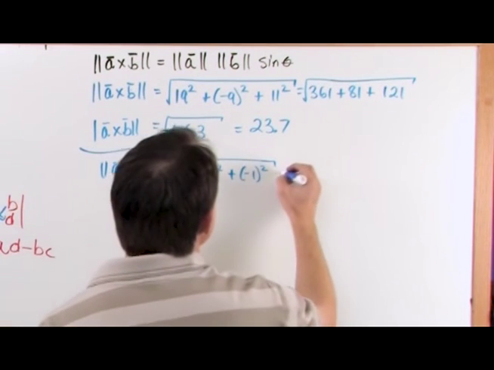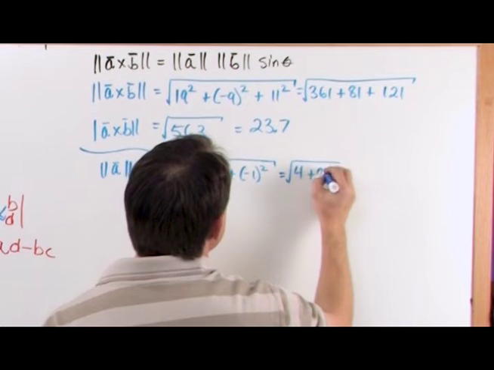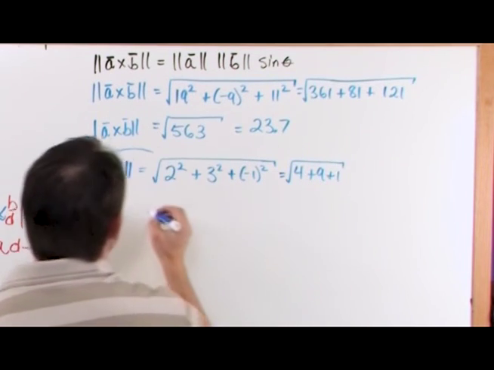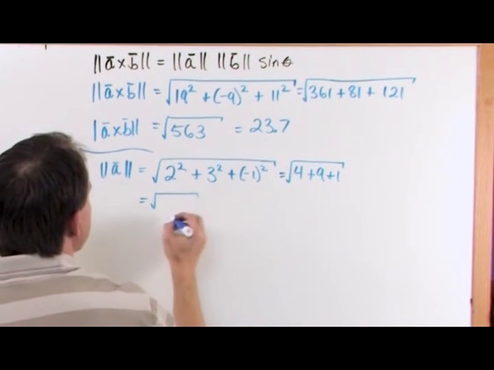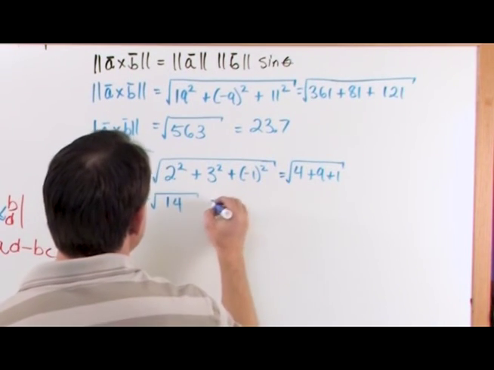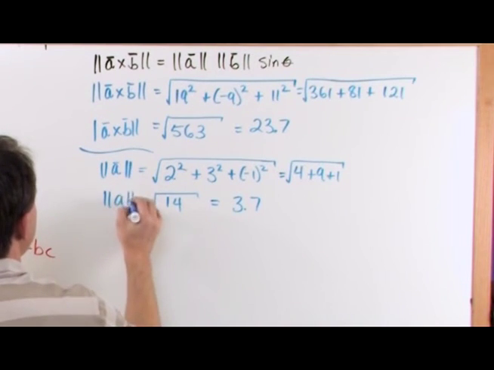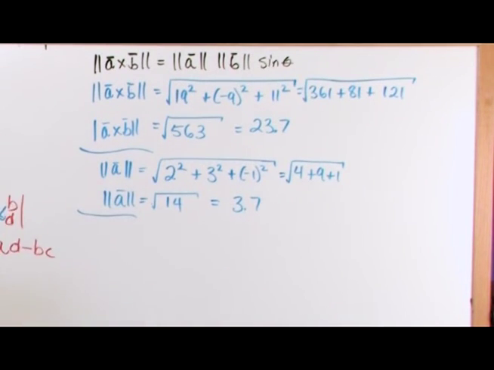So on the inside, 2 squared is 4 plus 9 plus 1, and that's the square root of 14, which is 3.7 roughly. So the magnitude of A is roughly 3.7.